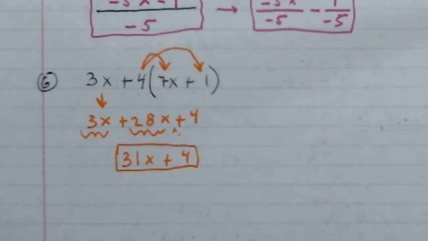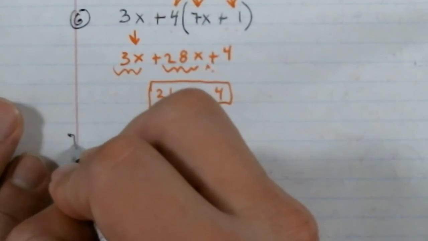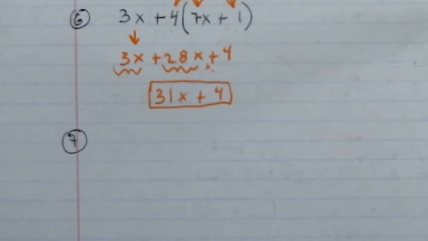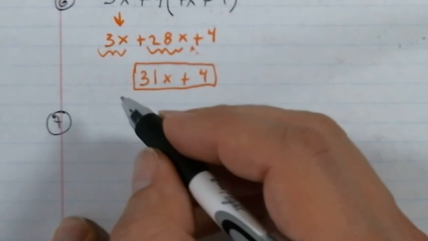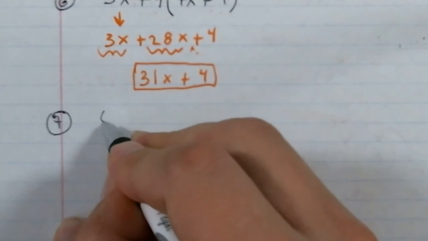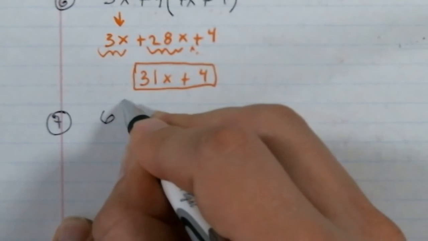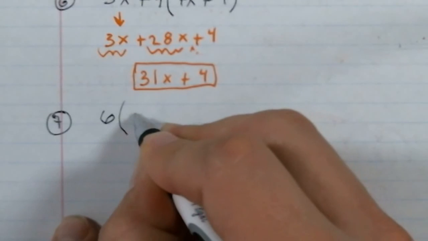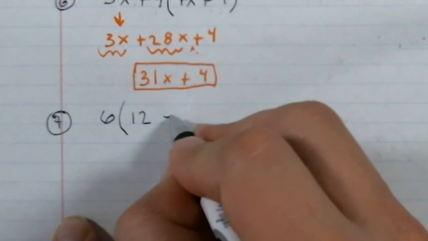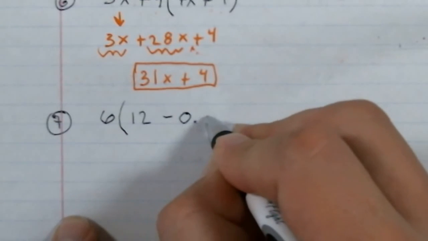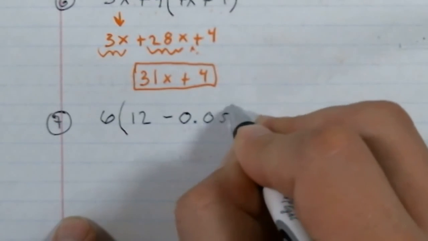Okay, so I have one more problem, and this problem is a little bit about shopping. You might like this one. So, for example, let's say I bought 6 of something, and that was 12 of those minus 0.05.